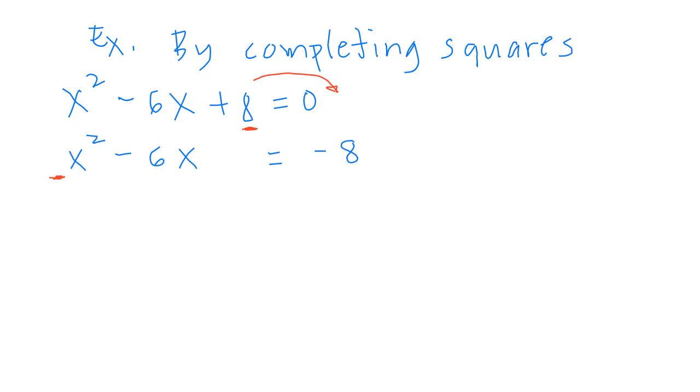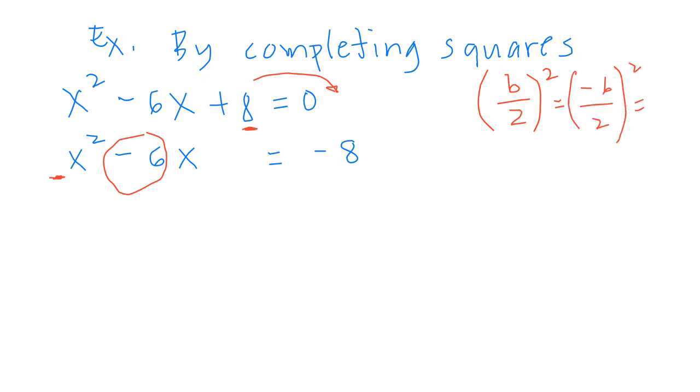So we have to proceed to the next rule, which is b divided by 2, or b times 1/2, and you square that one. So what would be our b now? Our b is negative 6 divided by 2. You square that, that would be negative 3 squared, right?